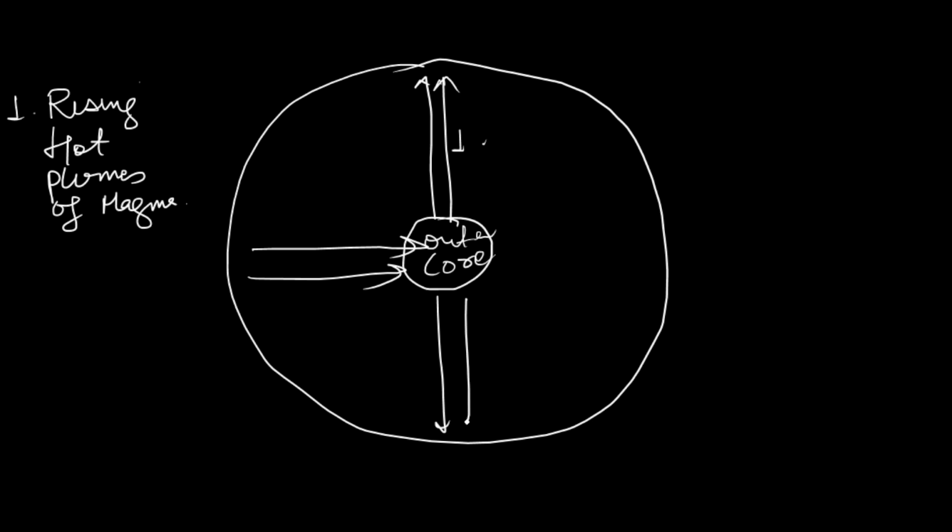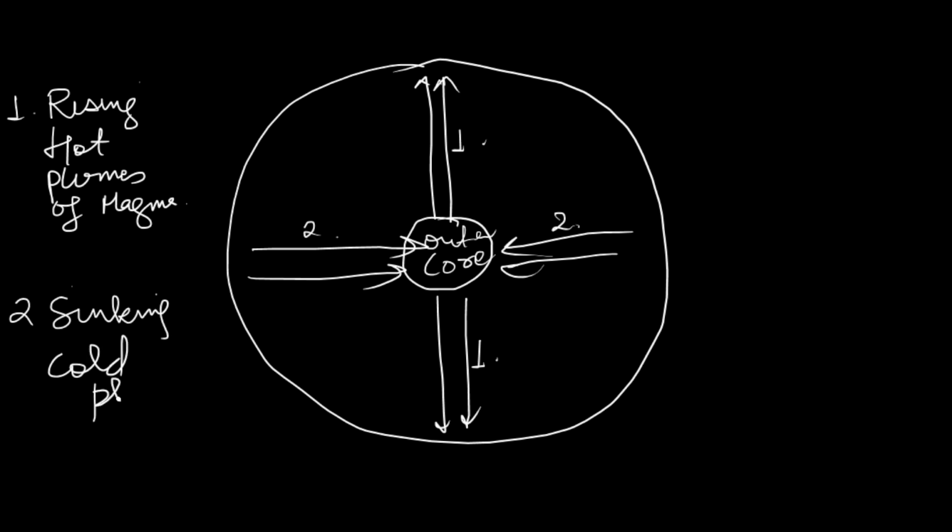These are rising, and these are sinking. Number two is sinking cold plumes of magma. And number three is the lateral plumes.